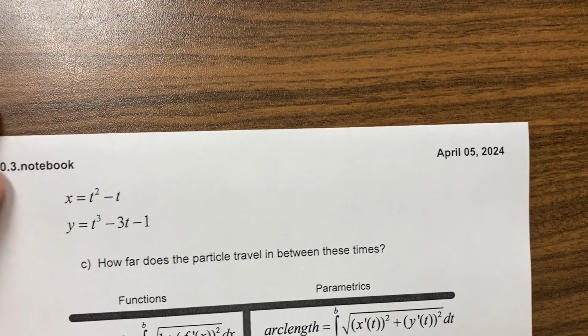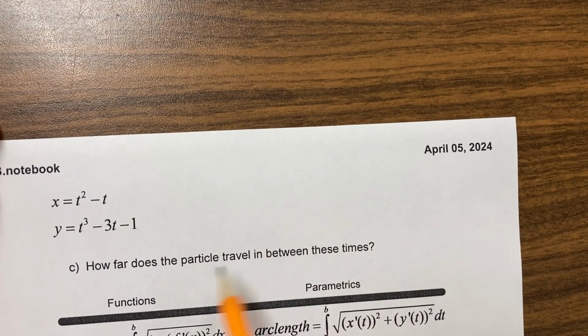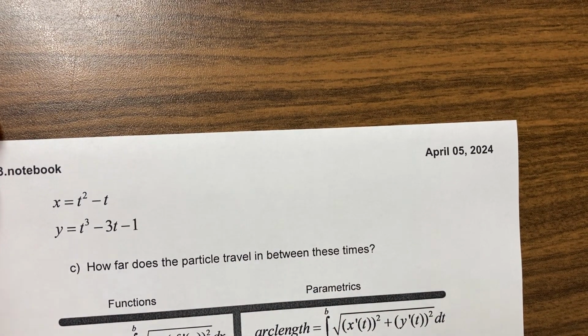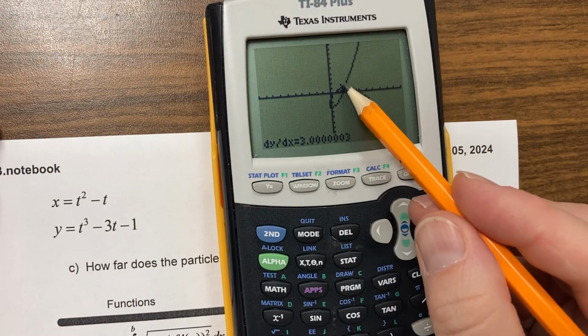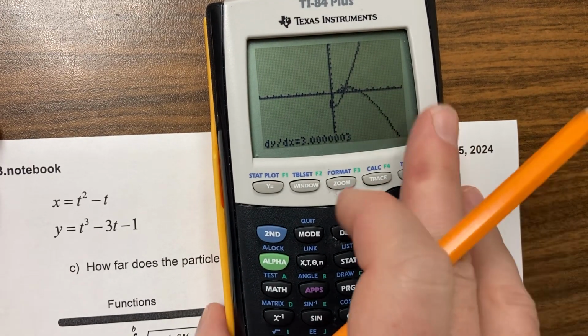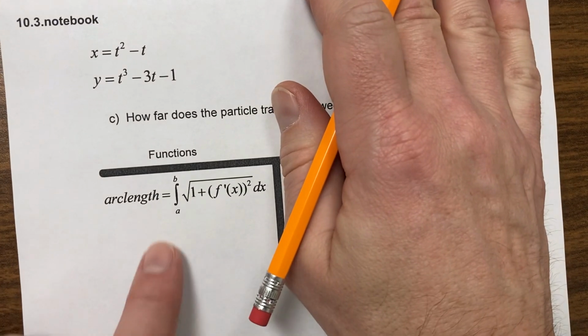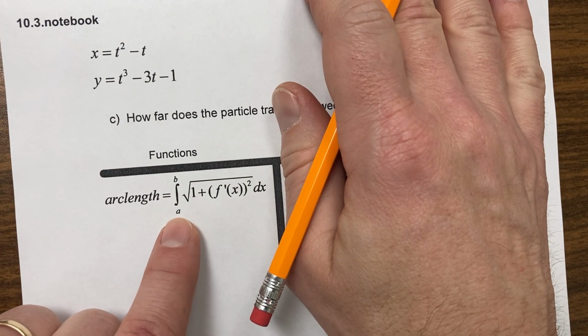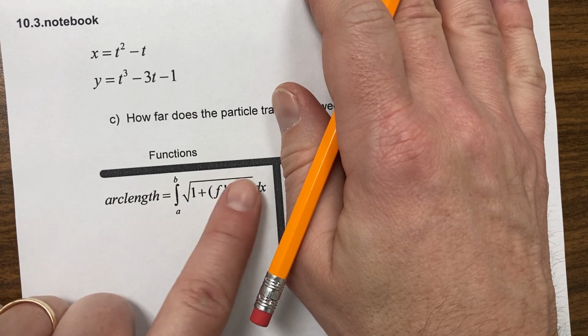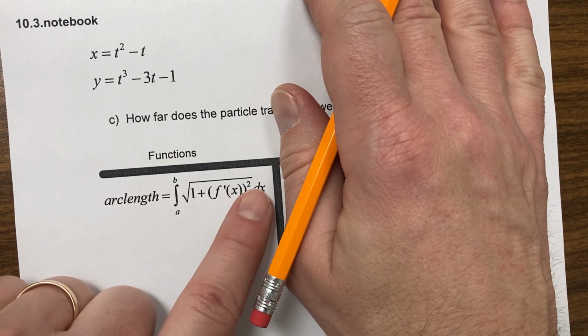Now here's the new question though, and that is, how far does this particle travel in between these times? In other words, as it goes around that loop, how far does it travel? Now we've done arc length before. It was the integral of the square root of 1 plus the derivative of the function squared.